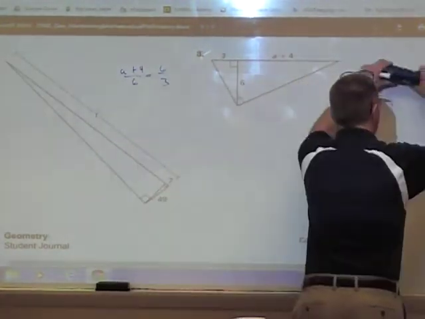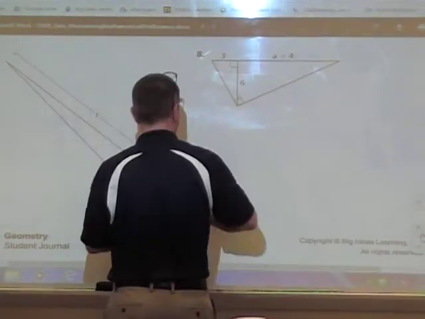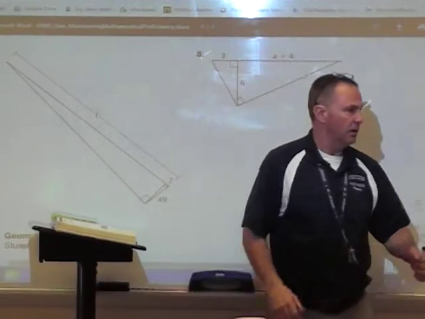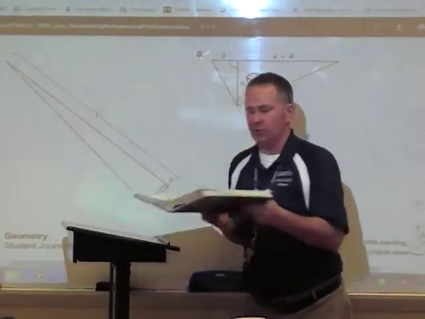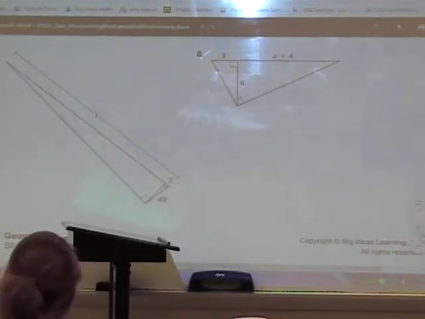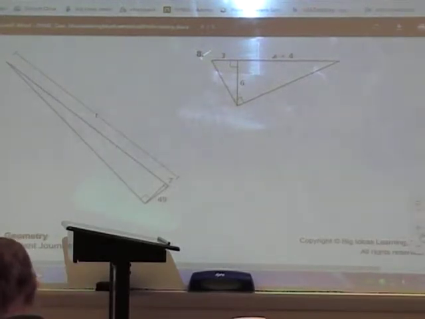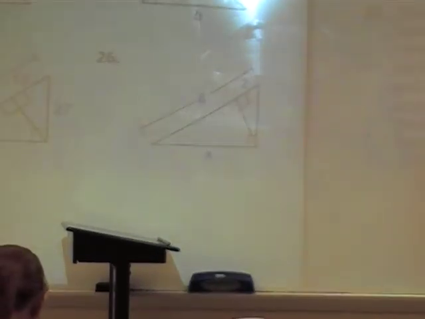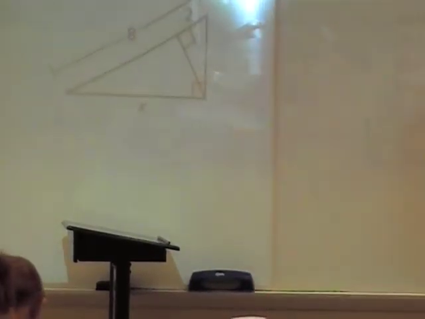So everybody find a place to draw 3 more triangles. Let me draw this one up here. Actually, I'll just put it up on the screen. Draw 3 more triangles like we just got done doing. I'm going to do number 26 in your book. Alright, whoops.